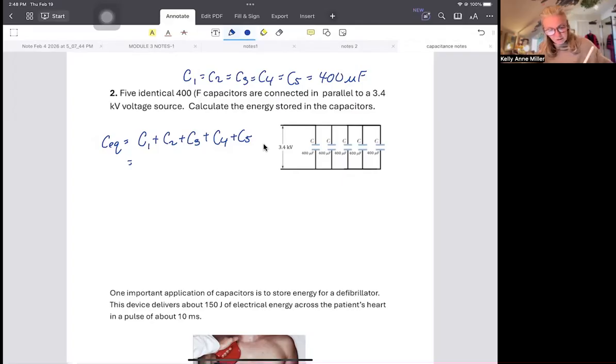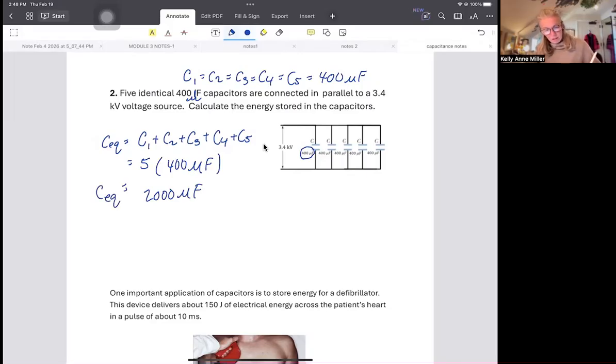There's a little symbol here that is meant to be a micro. If you look at the diagram, it looks like it's a microfarad. Anyway, so we've got 5 times 400 microfarads, so that's 2,000 microfarads as the equivalent capacitance.